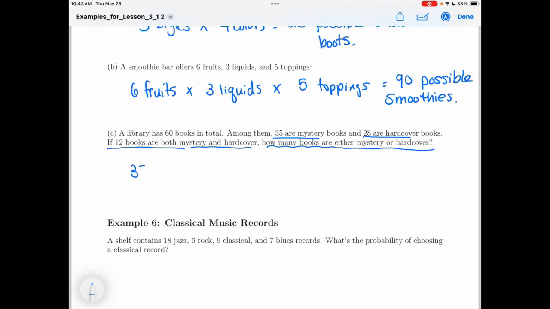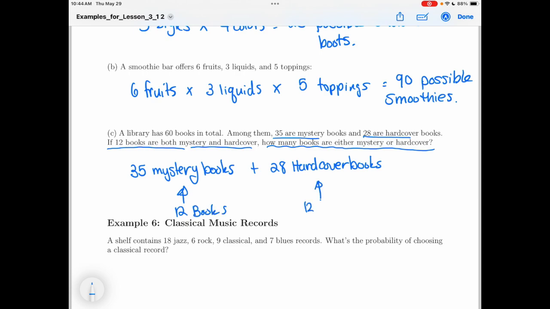So we're going to take 35 mystery books, and we're going to add it to the 28 hardcover books. However, the same 12 books are in both of these categories.